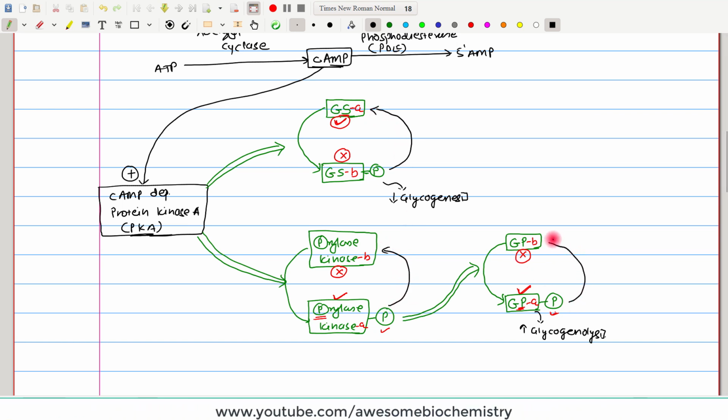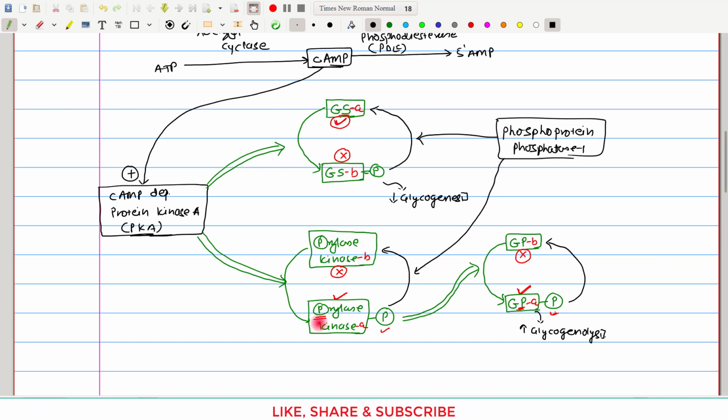So all three can get dephosphorylated by one common enzyme, that is phosphoprotein phosphatase 1. This enzyme causes dephosphorylation of glycogen synthase. The same enzyme carries out dephosphorylation of phosphorylase kinase, and this same enzyme causes dephosphorylation of glycogen phosphorylase.